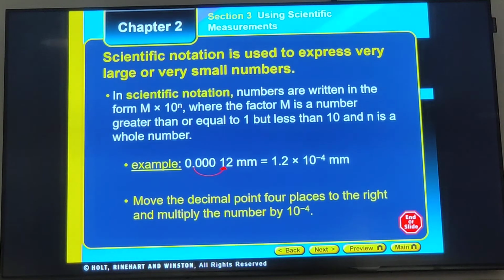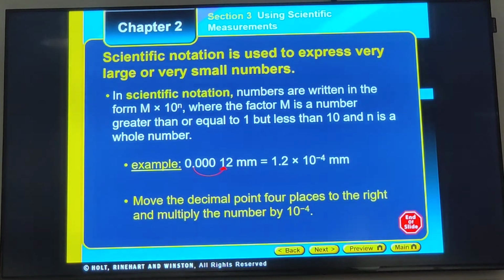So here's how I like to remember it when I was learning this. When I take the first number that I have right here, that's a very small number, and I made it bigger. I went from 0.00012 all the way up to 1.2. I made the number bigger, right?